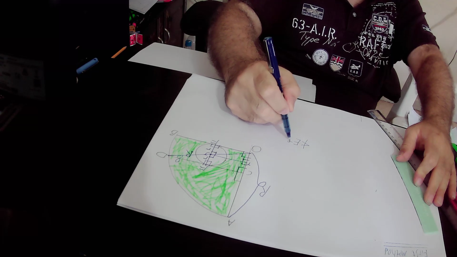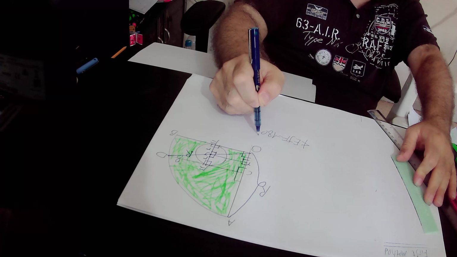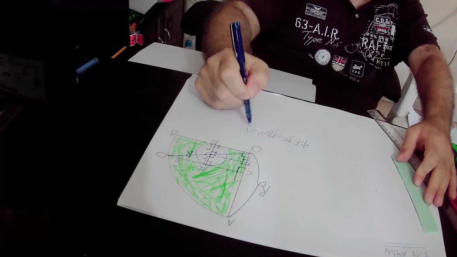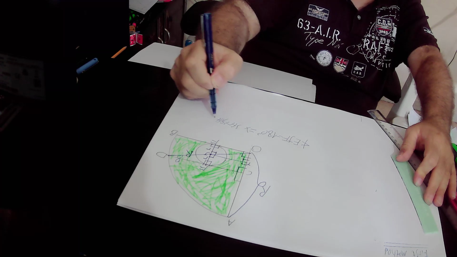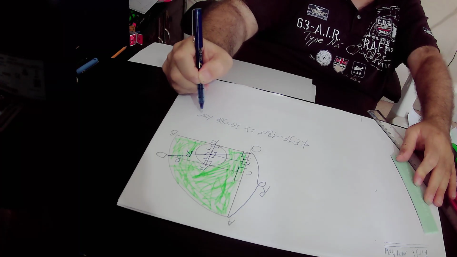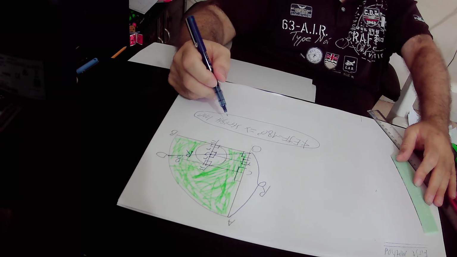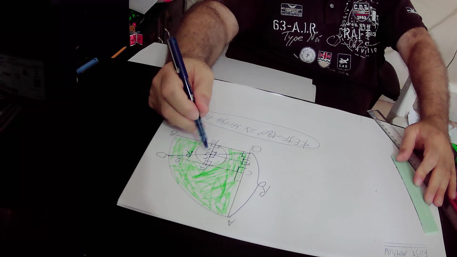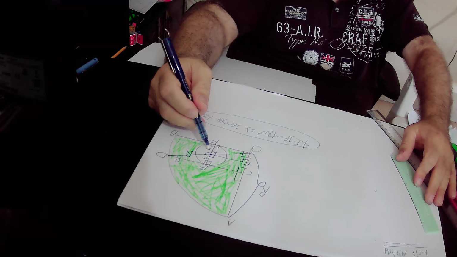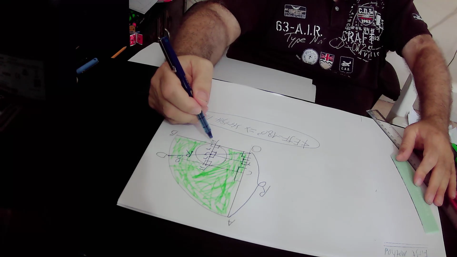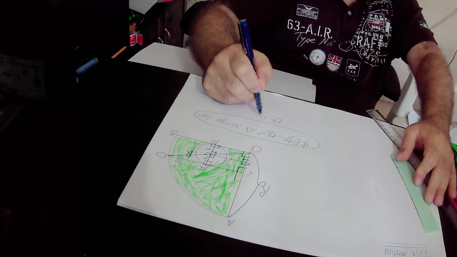Angle EJF equals 180 degrees. Therefore, angle EJF is a straight line. If angle EJF is a straight line, then line segment EJF is also a straight line. And if line segment EJF is a straight line, then EF itself is also a straight line.